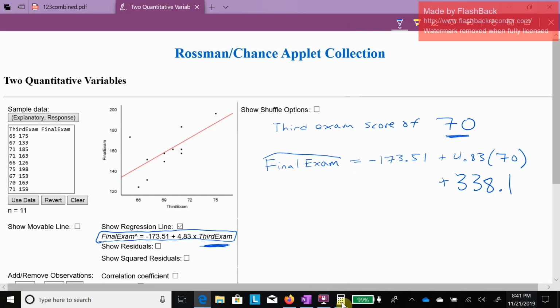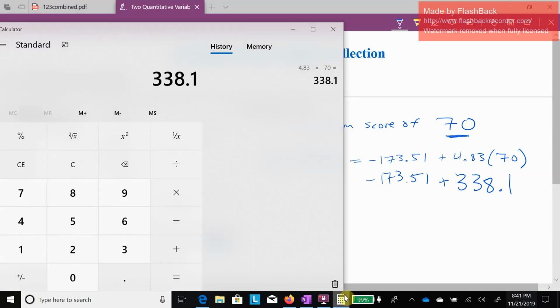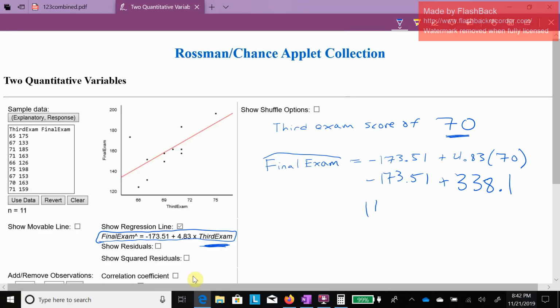I'm still adding negative 173.51 to that. So let's try it: plus 173.51, and I'll negate that. And I get a score of 164.59. Let me write that down. It's my predicted final exam score.